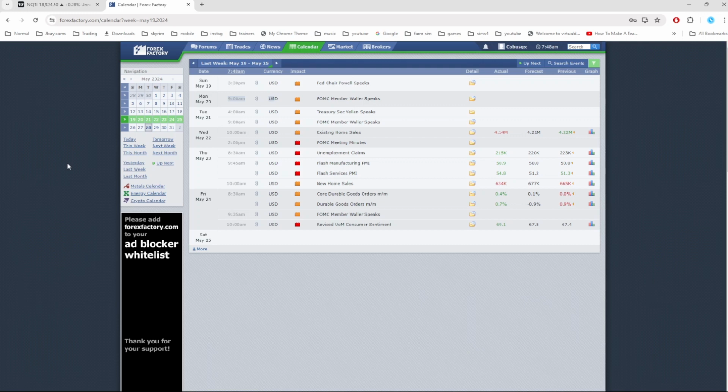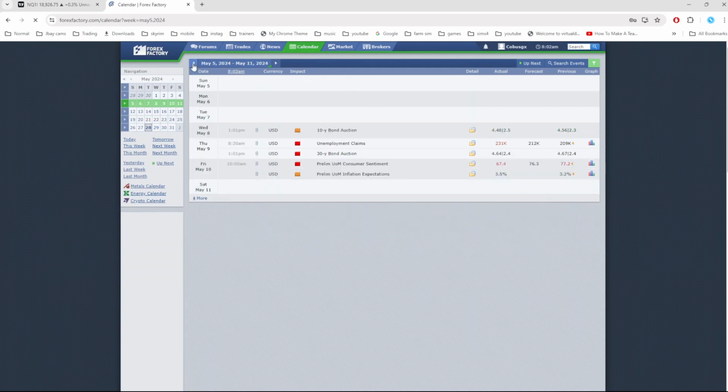And again, there would be another exception to the rule. If you sat down on Friday and you were watching price, this is going to be the exact same thing that applies to looking at a Monday. Right after the NFP release, which is usually around 9:30.